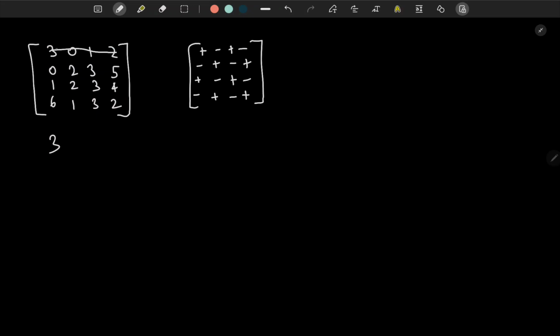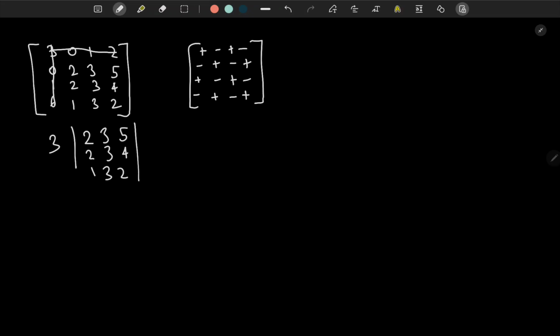Now we are left with a 3 by 3 matrix here, which is going to be 2 3 5, 2 3 4, 1 3 2.